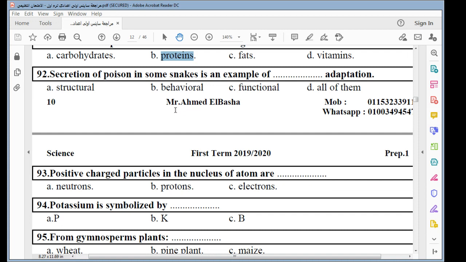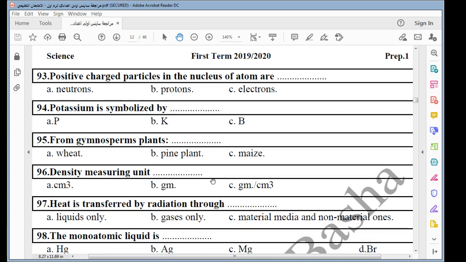Secretion of poison in some snakes is an example of functional adaptation. 93. Positive charged particles in the nucleus of atom are protons.